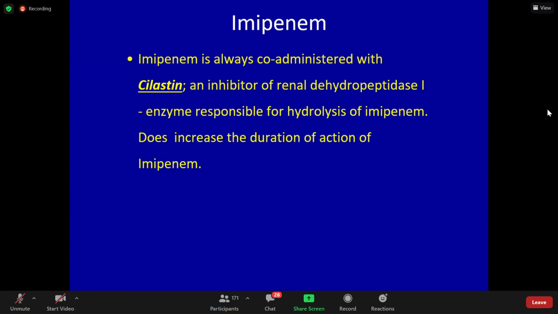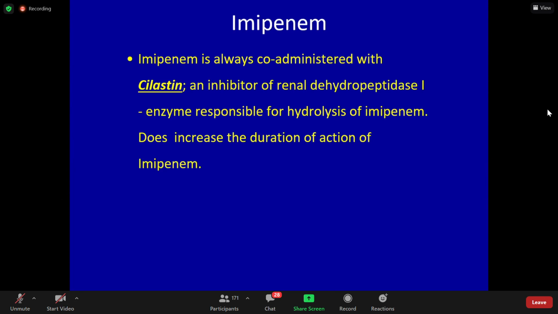So once again, we have clever ideas to counteract this. Give another drug along with imipenem; the combination always comes together. Cilastatin and imipenem are given together in the same preparation. Cilastatin has no antibiotic effect, it is just an inhibitor of this enzyme.